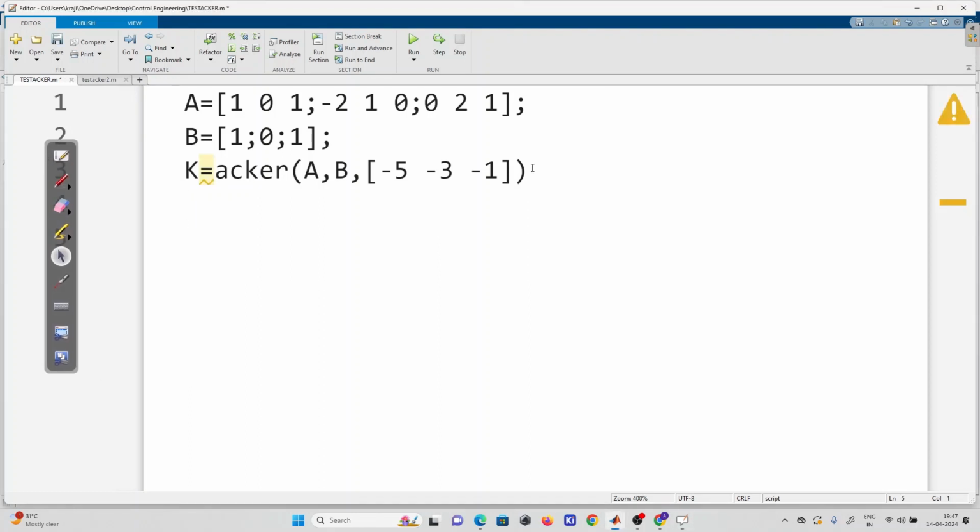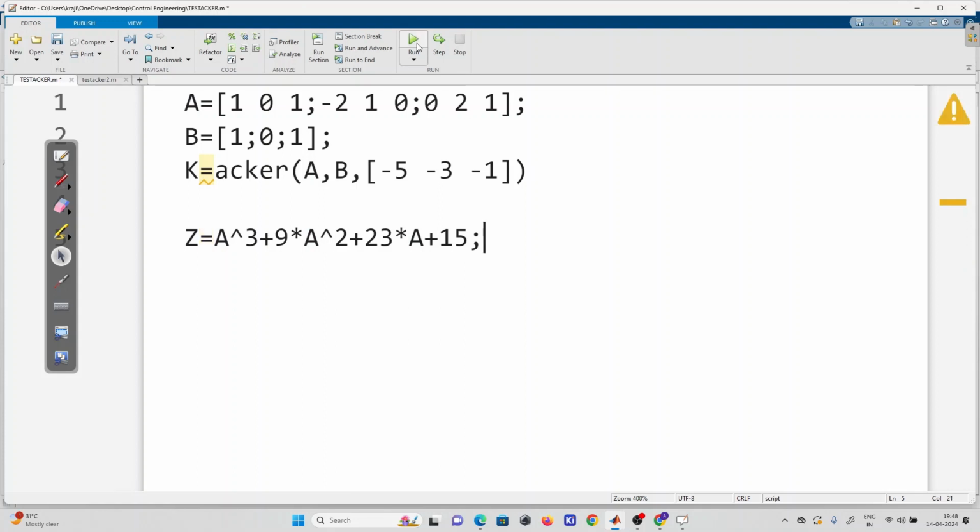Z is equal to A cube, plus 9 into A square, plus 23 into A, plus 15. Let's see what we are getting.